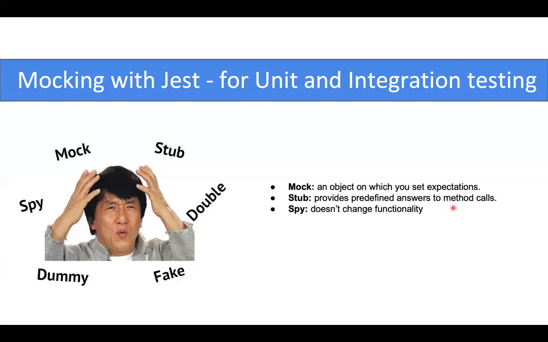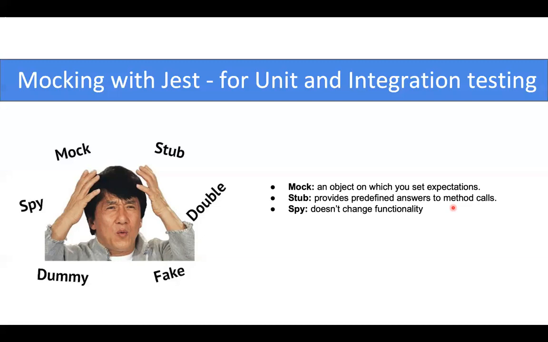But you can transform it into a stub. A stub is also a mock, but it's a little bit more than a mock. It also allows you to create a different implementation of a function, for example. It provides predefined answers to method calls. Let's say you have a function that you normally use in your code, but sometimes you don't want that implementation because you just want to test other things in your app, and you don't care that much about that function.